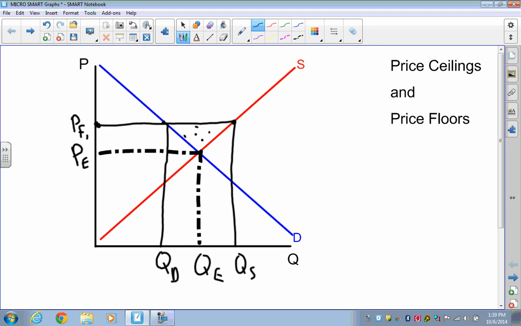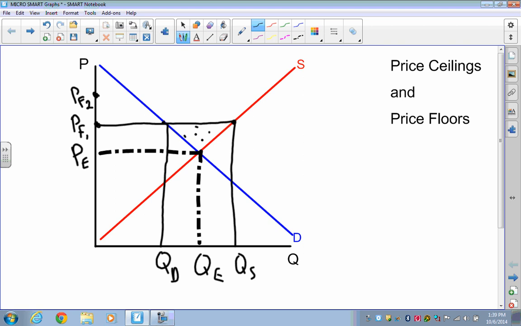But what if I went ahead and said, I don't know, I think the price is still too low. So I make a price floor 2 right here. Let me tell you some things that would happen if I did that. Demand would not change. Demand would not shrink. The quantity demanded, would there be less quantity demanded? Yes.